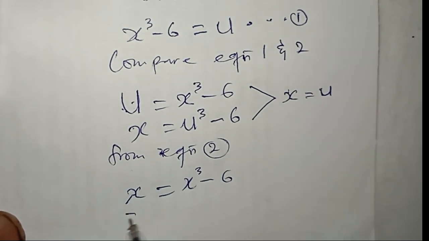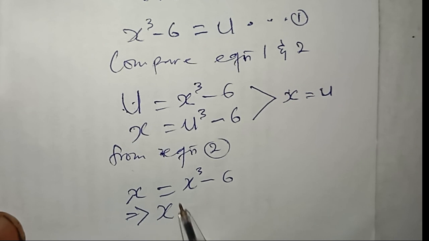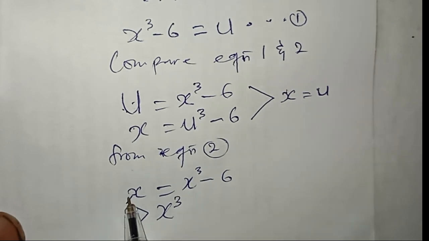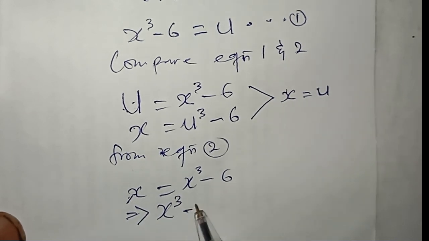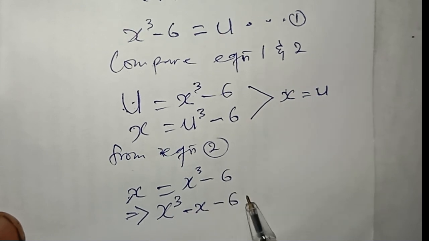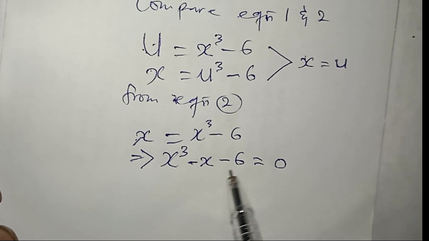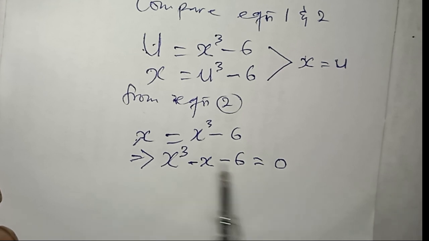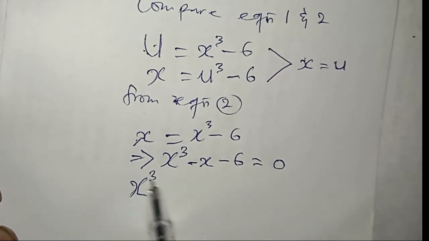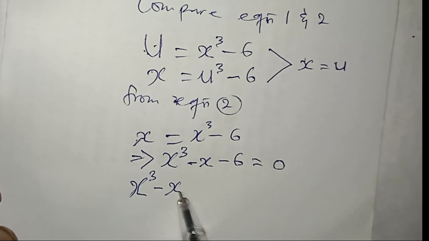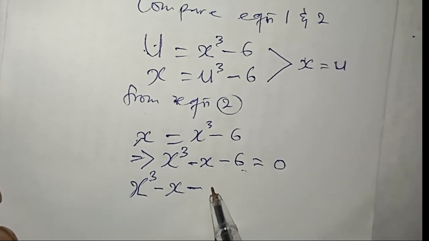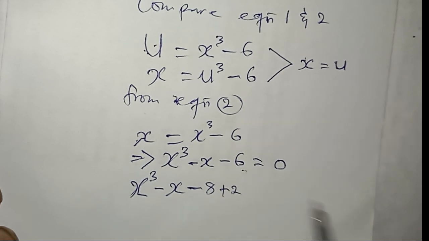This implies that x cube, taking this to the right hand side, minus x minus 6 is equal to 0. Moving on, I'm going to continue by simplifying this. I can write this 6 here as minus 8 plus 2, so let me write x cube minus x.